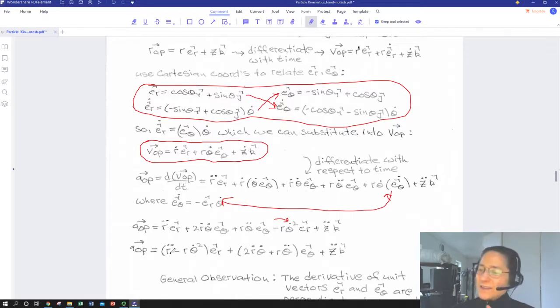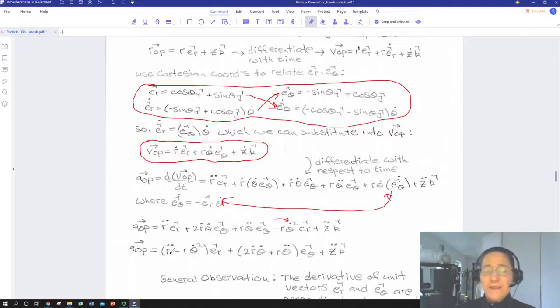But we've got this other term that's the radius, the position magnitude at any time, times the square of the rate of change of theta. So that's what's known as a centrifugal component, and it is pointed opposite.